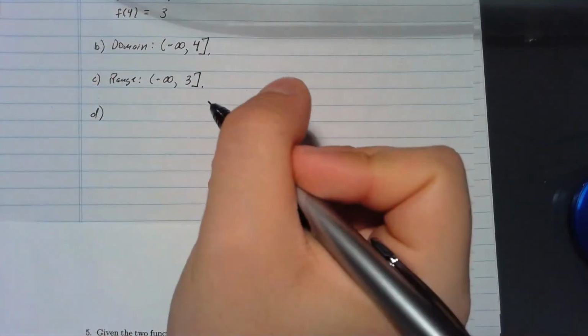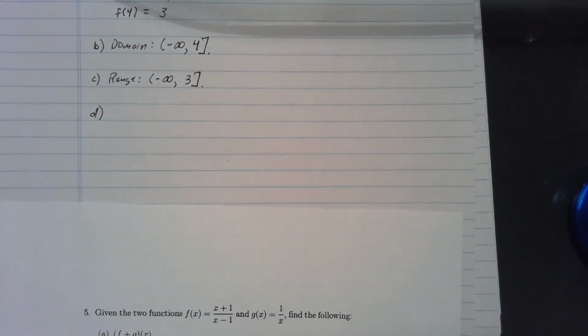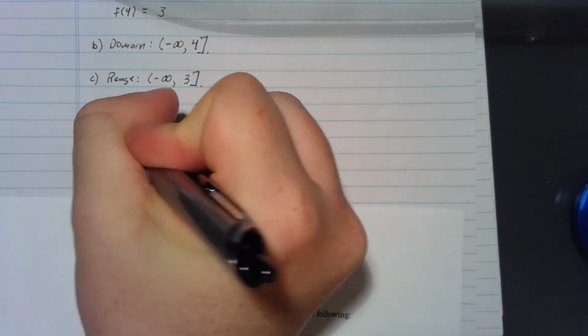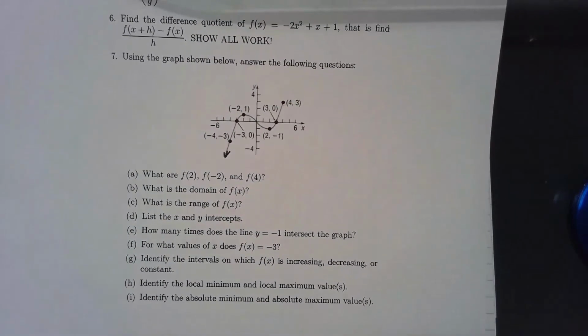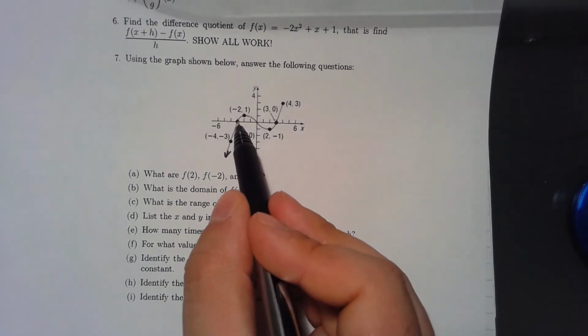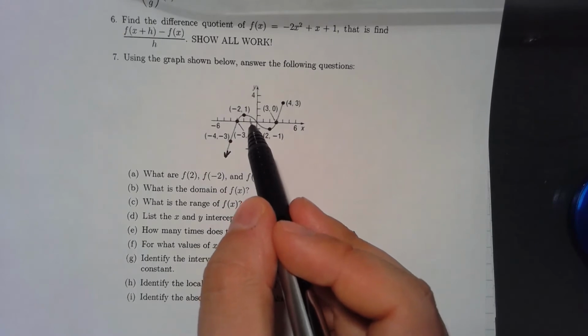Letter D. List the x and y intercepts. So just look at where it crosses the x-axis and y-axis. So it crosses the x-axis here and here. This is the point 3, 0.